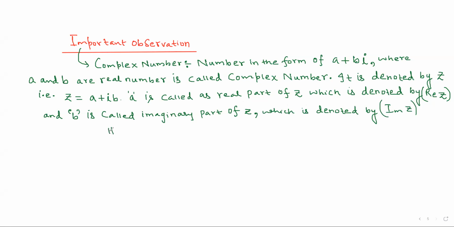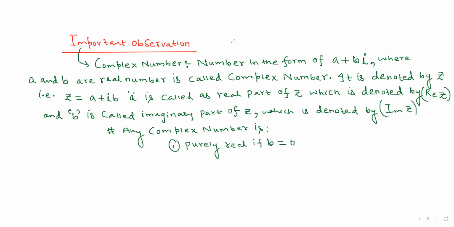And one important point, that is a point to remember: any complex number is purely real if b is equal to 0.